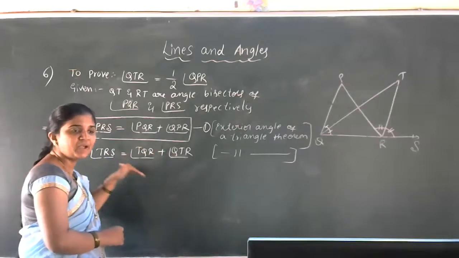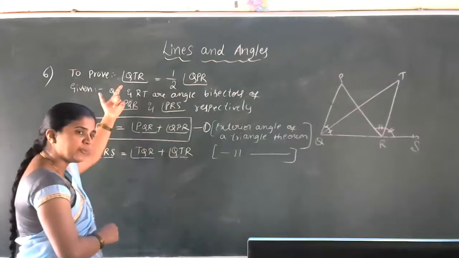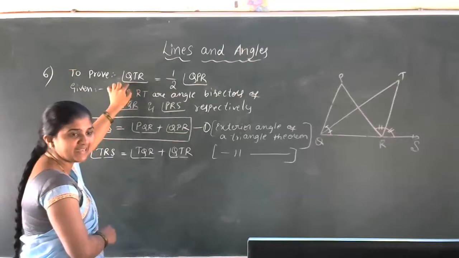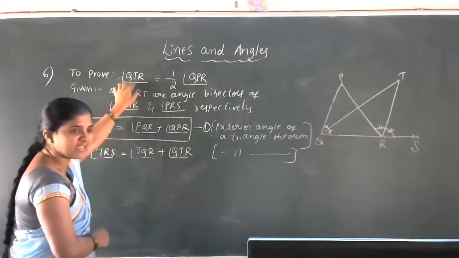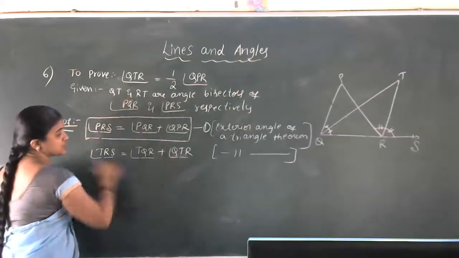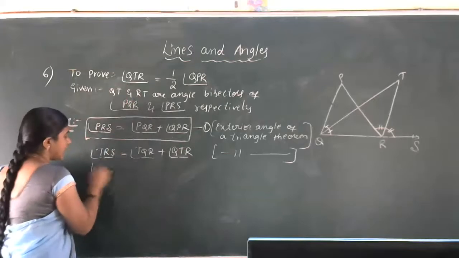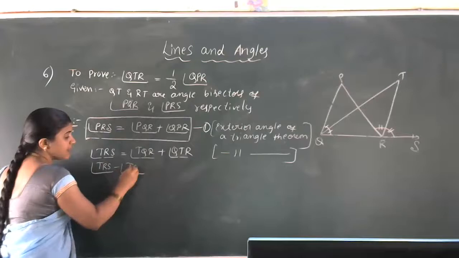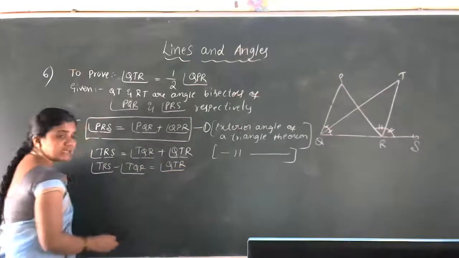Now I'll continue with this equation. Okay, students? TRS, TQR, QTR. Once look at the to-prove part. In the proof part, we are observing QTR in the LHS. Can we convert this expression to get the LHS? If we write this expression in the QTR form, then QTR will be on one side, then angle TRS, take this TQR to this side, that is minus TQR, which is equal to QTR.